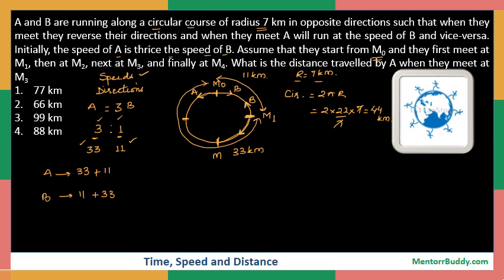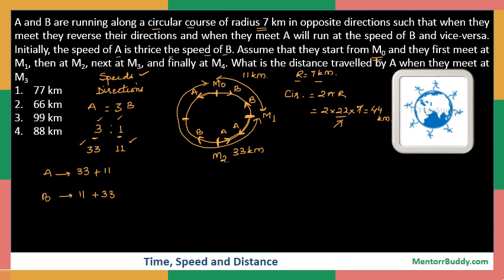So this is going to be their second meeting point. And again, now because A was coming back from here, when they meet at M2, they reverse their direction. That is, A again returns back, and because B was coming from this direction, B returns back.